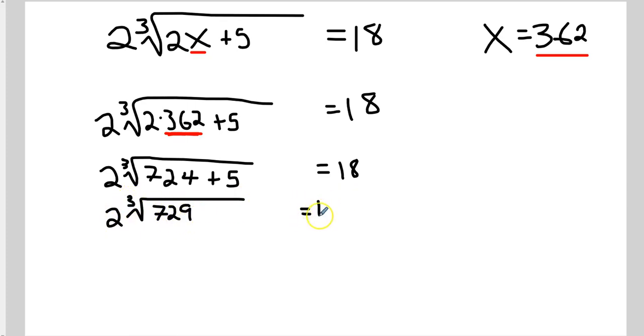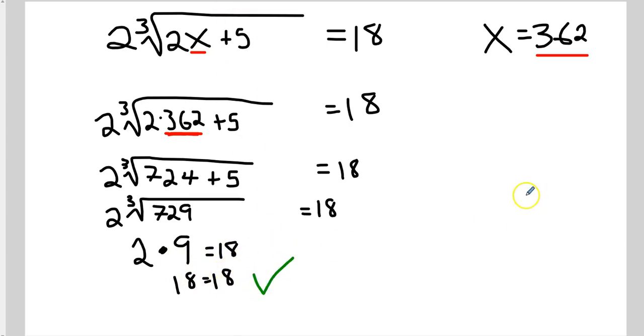It's equal to 18. Take the cubic root of 729. So we get 2 times cubic root of 729 is 9. So 2 times 9 is 18. We get a true statement, so we're good. This is a solution.